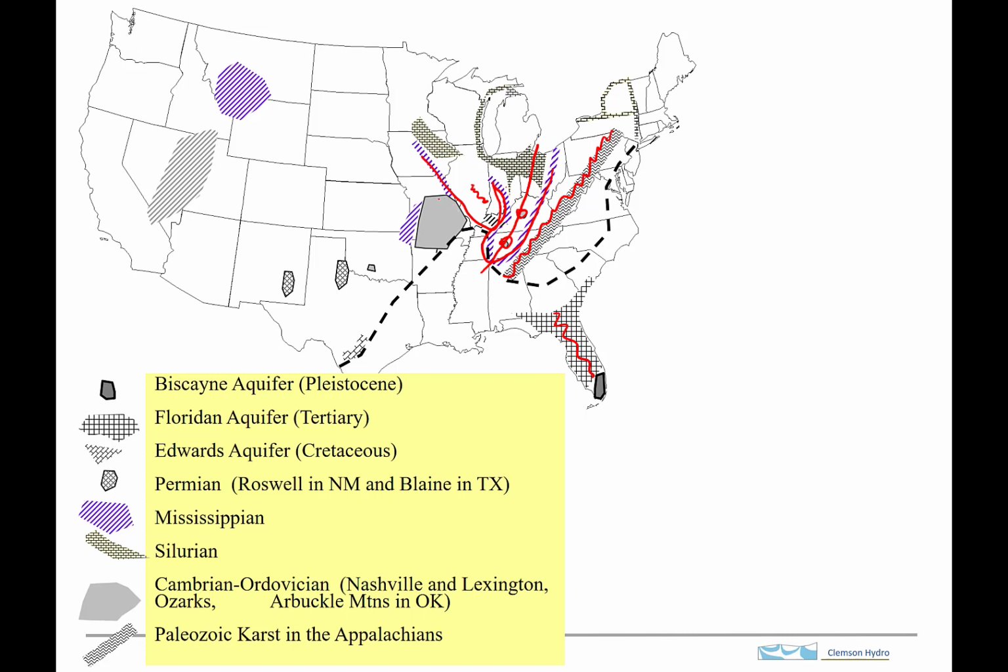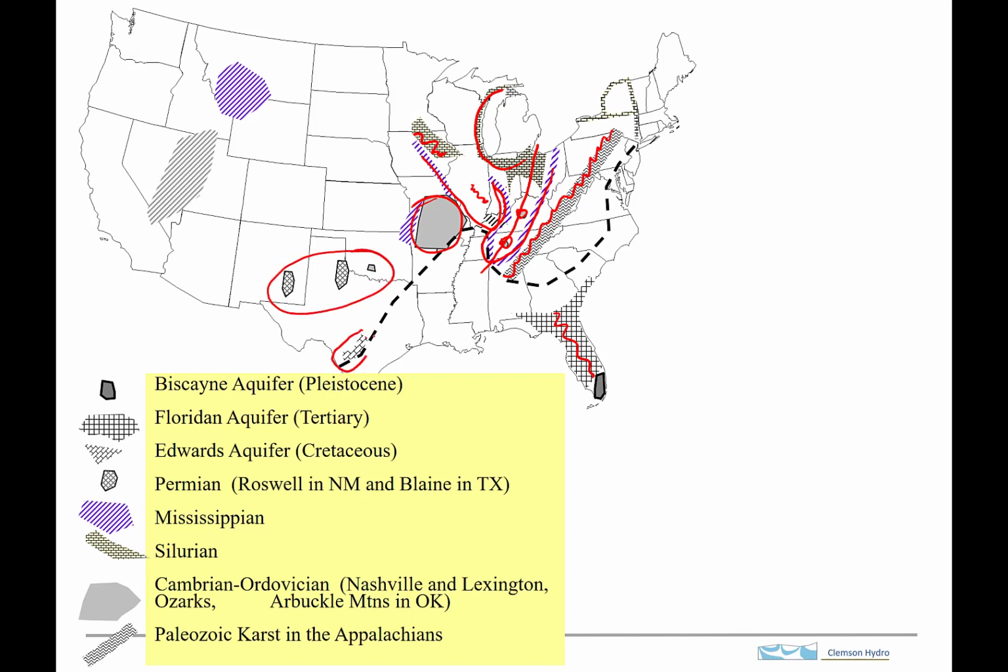The Ordovician limestones here are exposed in the Ozark Plateau, where the rocks are uplifted, and so you have these older rocks exposed at the center of the dome. And the Silurian is wrapping around the Michigan basin here, and up here on the edge of the Illinois basin.